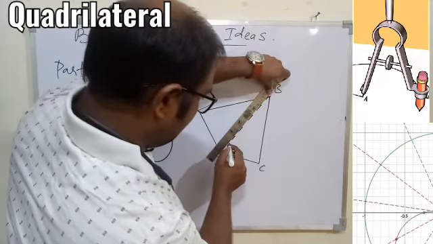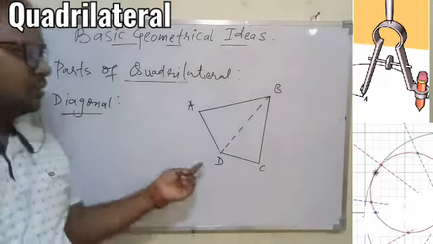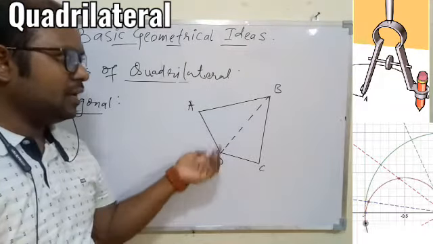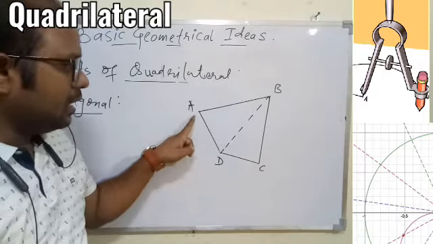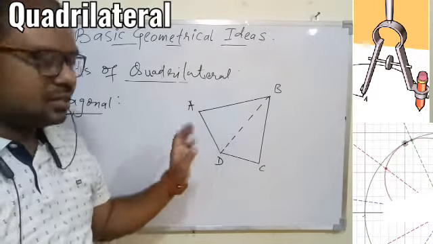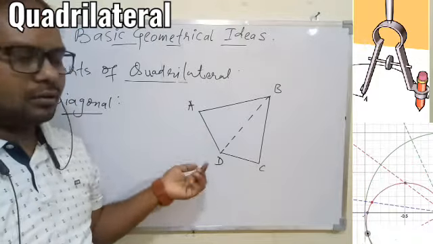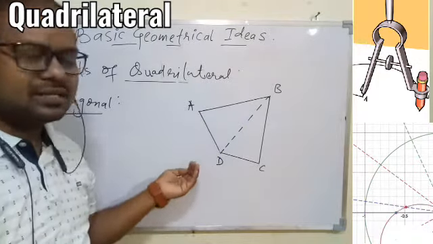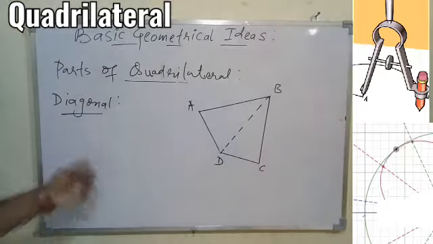So we can say the diagonal is the line segment connecting the non-adjacent vertices. If you remember, A and D are adjacent, A and B are adjacent, but B and D are not adjacent. So if you connect the non-adjacent vertices, the line segment that we get is nothing but a diagonal.